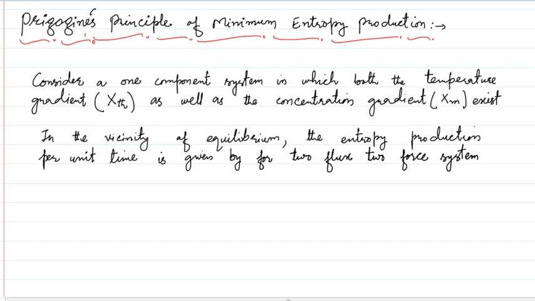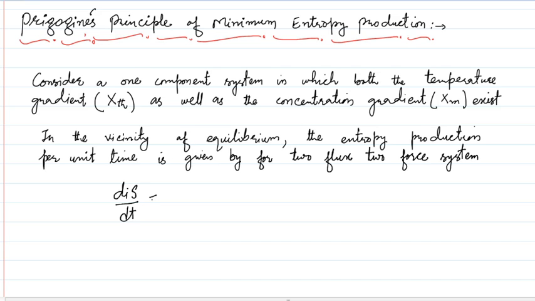That means we are considering here first the temperature gradient and concentration gradient. They are actually occurring in the same system, and mathematically we can write this dS upon dt, which is simply the entropy production per unit time.